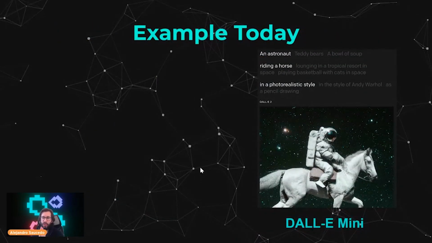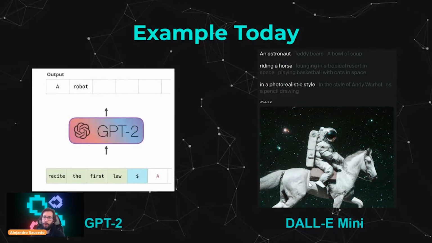And we're going to try to get some ideas about this with a practical example today. We're going to be using the DALL-E mini model so that we can run it on our computers. And I think now it's called Craiyon. And we're not only going to be deploying a DALL-E model, we're also going to be deploying a GPT-2 model.